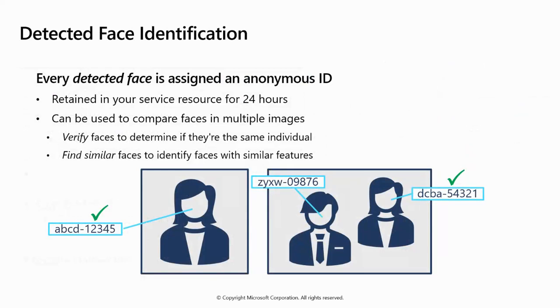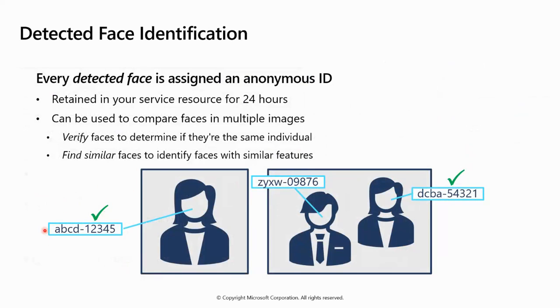Okay, and we can see right here an example of these IDs. Now, while the detected face's ID is stored, new images can be used to compare the new faces to the identity to see if they have similar facial features, or just to confirm that the same person appears in two images, like this.